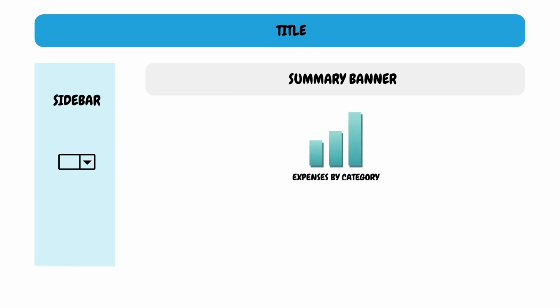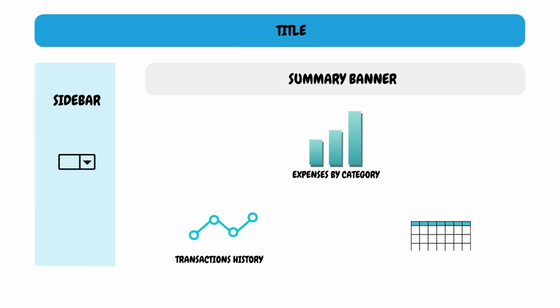Then I will have a bar chart that will give me information about each category and the expenses for the last month. And then I'm gonna have kind of a summary view of all the months, so all the history of my transactions, and also a summary table where again I can check in a kind of a detailed view all of my transactions and data that I'm using.